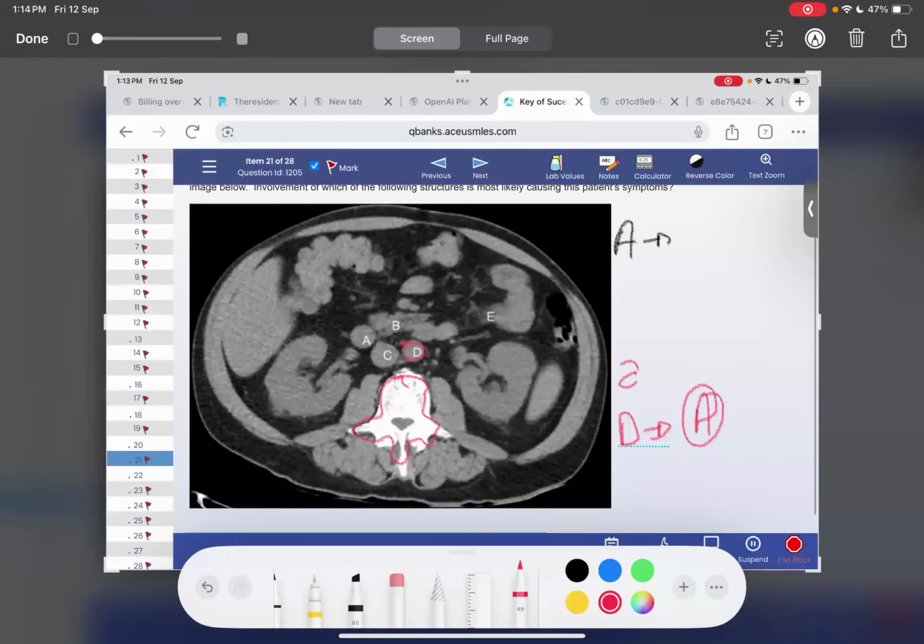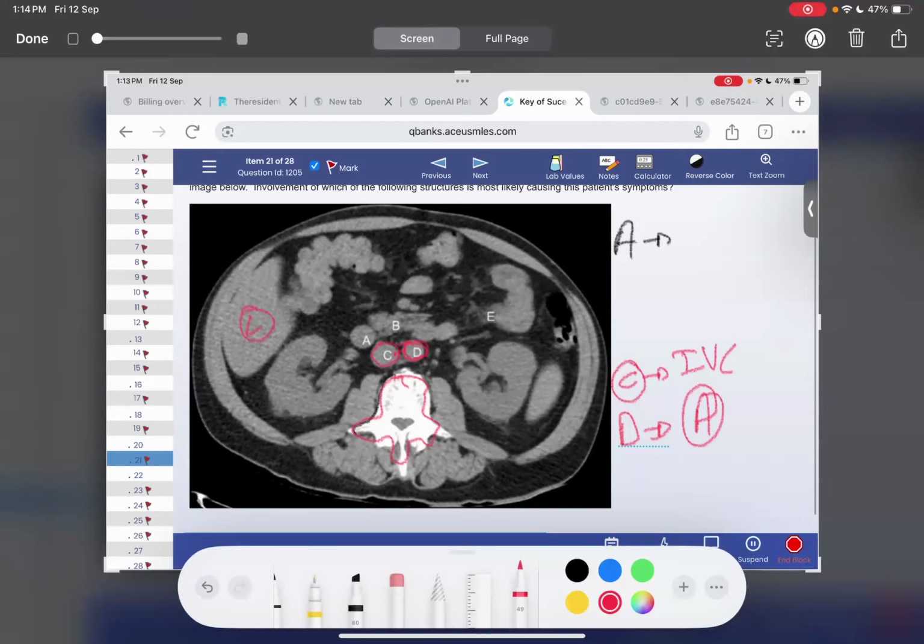Perfect. What's the C toward the right side? IVC. Perfect. So this is the IVC and this is your aorta. What is this? Liver.